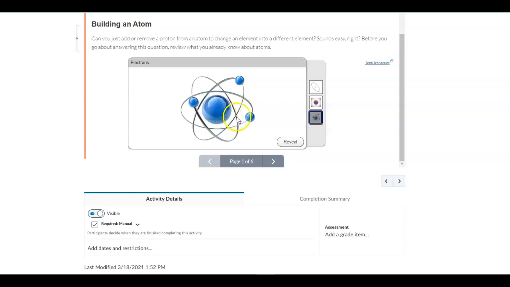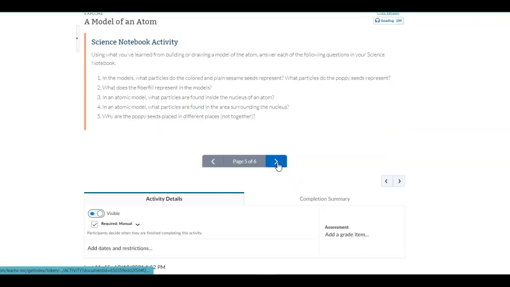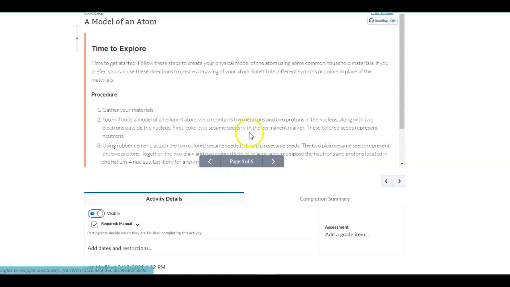And then number 3 says, how would you change an atom from one element to another, and why is doing so a challenge? So what we've learned when we looked at the notebook activity was that we're specifically going to use 2 protons to make this helium atom.